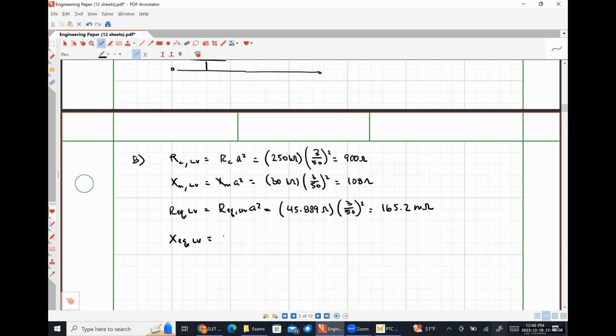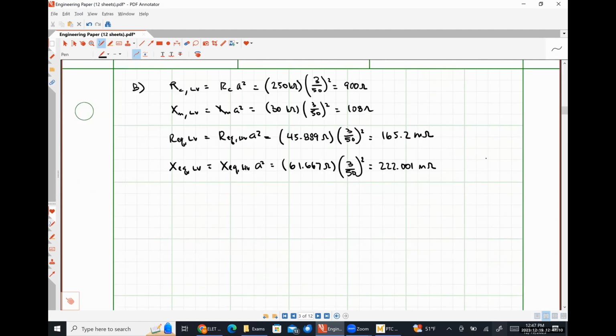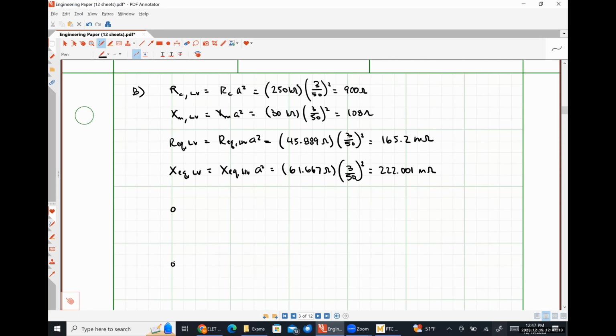And XEQ on the low voltage side will be XEQ on the high voltage side times A squared, or that was 61.667 times 3 over 50 quantity squared, or 222.001 milliohms. And so we wind up getting this.